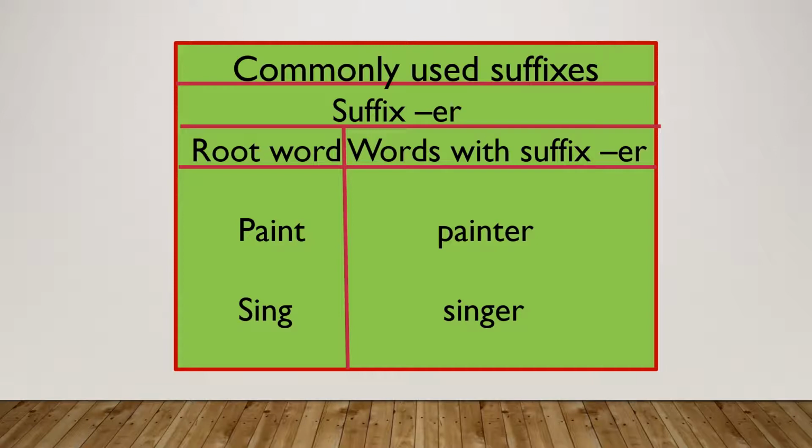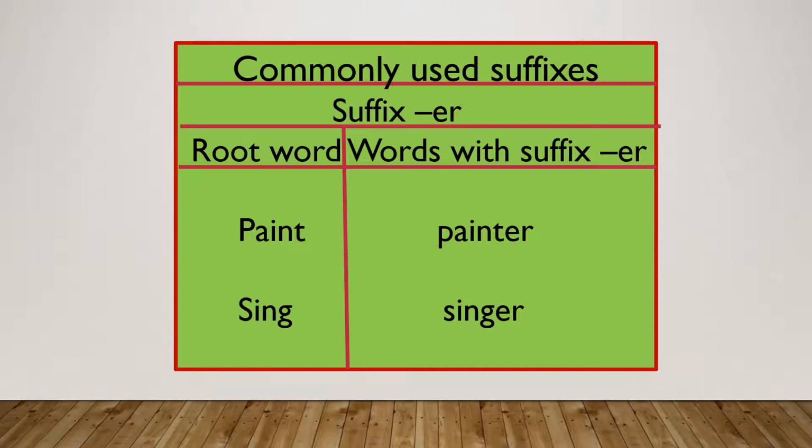The root words are paint and sing. We have used suffix er at the end of the root words paint and sing to form the nouns painter and singer.